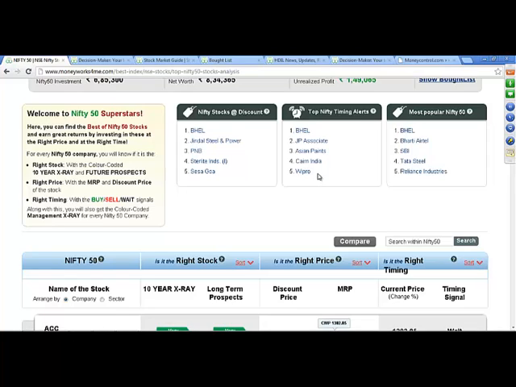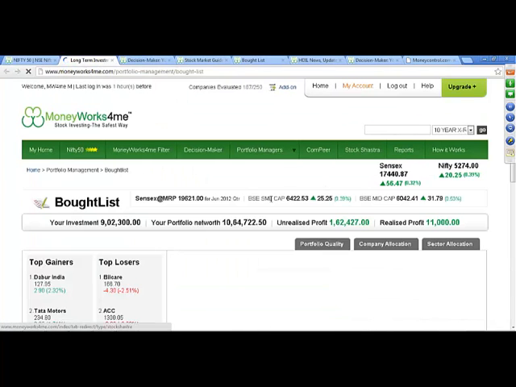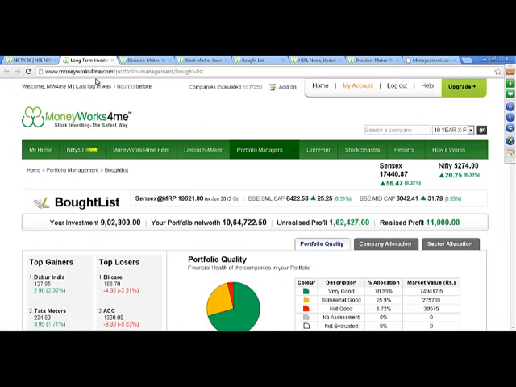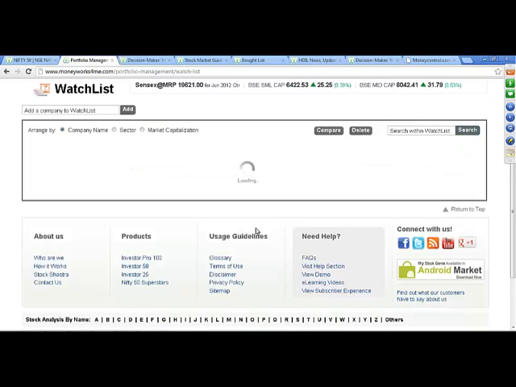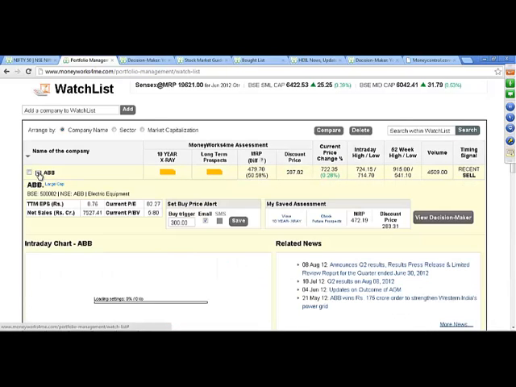Next question is, if I had set a buy alert, how can I change it to a sell alert, right? I believe that will be in the bot list. So suppose you bought a company, let's take a situation where I have a company in my watch list. As you can see, I have set a buy trigger for ABB, right?